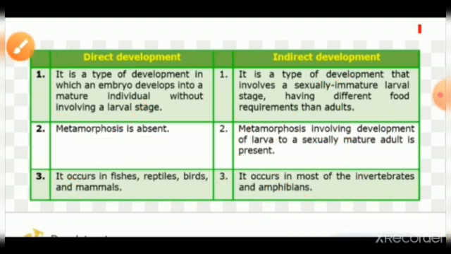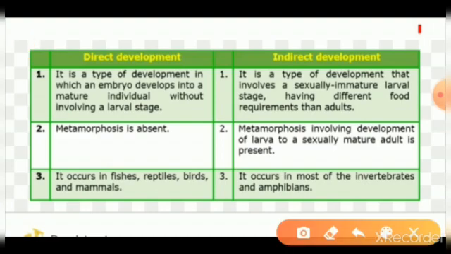So in case of direct development, the embryo develops into a mature individual without involving a larval stage, whereas in case of indirect development, a sexually immature larval stage occurs having different food requirements than adults.